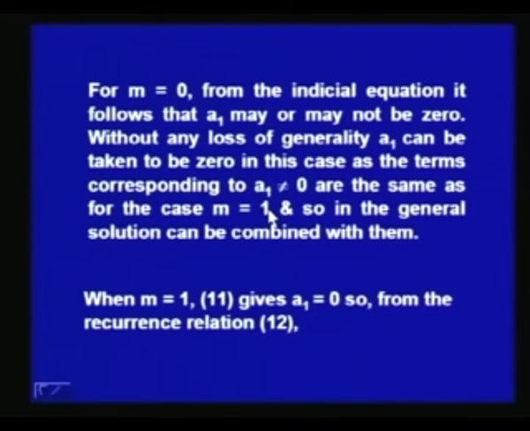So, they can be absorbed there, and so the general solution will not be affected, and therefore, in the case m equal to 0, without any loss of generality, we can assume that a1 is equal to 0.